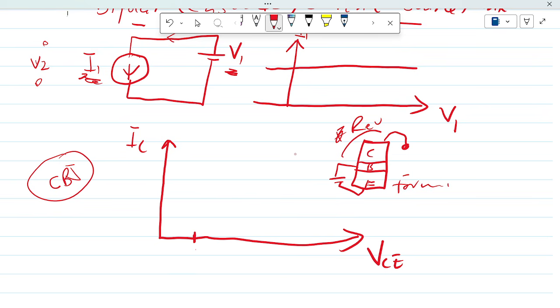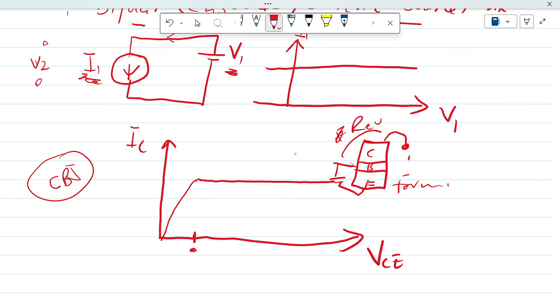So assuming at this point the voltage at the collector is more positive than the voltage at the base, then we should have current source behavior. And of course before that we have this sort of behavior here.